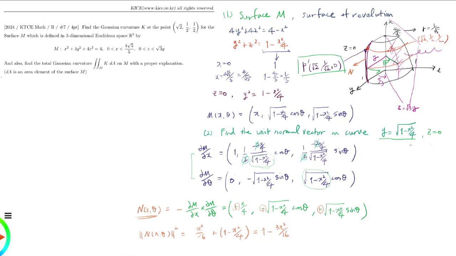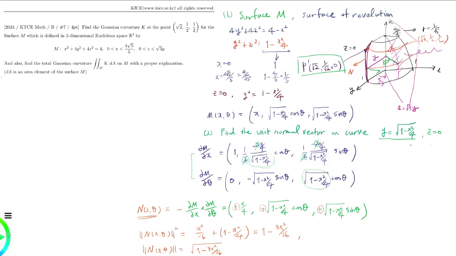So its norm of the normal vector field is square root of 1 minus 3x squared over 16.